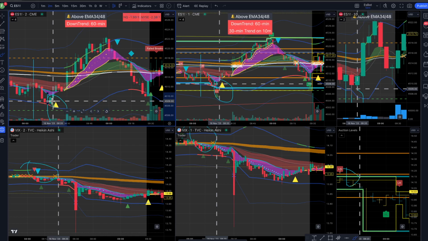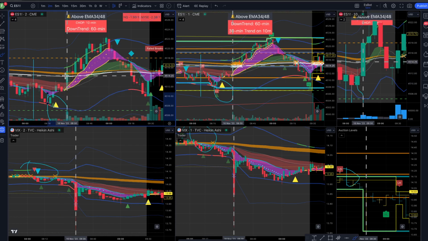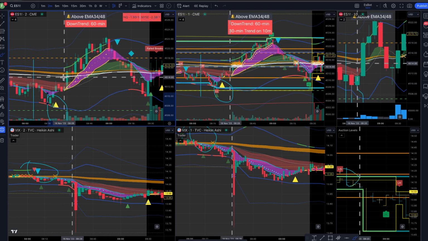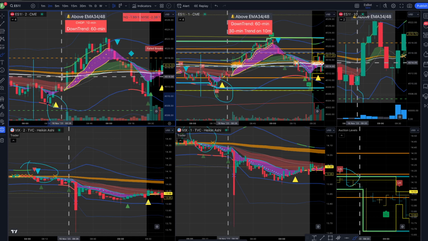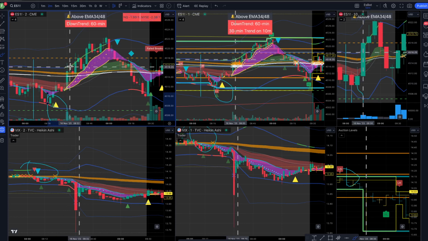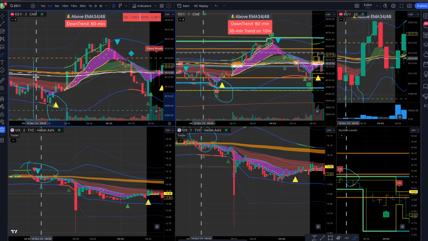Sometimes you slice right through them, but when you get in at this spot, your next target and therefore your next obstacle are the next levels. So your next target is going to be the VWAP. If it gets through that, it's going to be the 48 cloud. And then the next one is going to be the top band. So those are all your targets and you have to consider them.